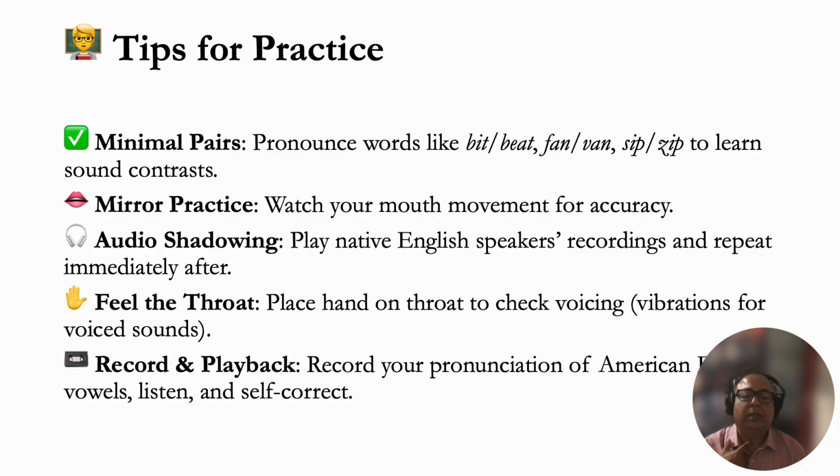You just put your index finger on your vocal cords and say e, oo, a, e. If you place your hand on your throat, you can feel every time you pronounce the vowels that your vocal cords vibrate. Okay? Also record your pronunciation of American English vowels, listen to your own pronunciation, and then self-correct from there.